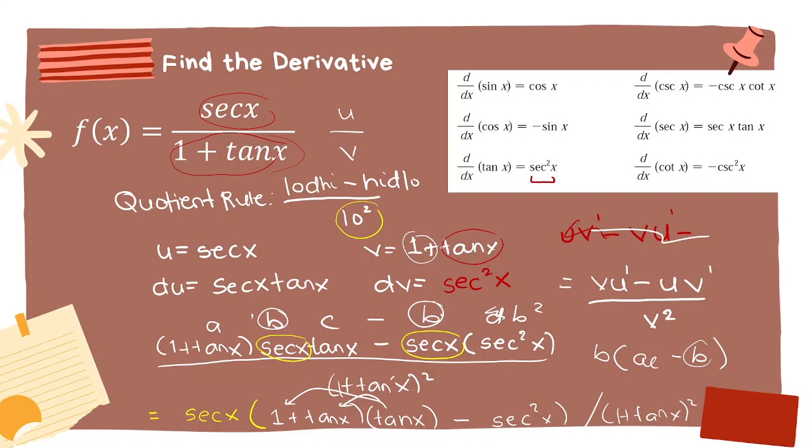Kasi pag finactor out ko si B sa B squared, B na lang matitira, kasi B times B ay B squared. Babawasan ko lang ng isa. Gets mo? Opo, gets ko na po. Parang mali yung pagkaintindi ko. Gets mo na. Now, we need to simplify that more.